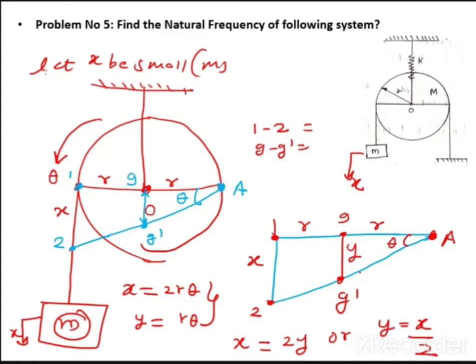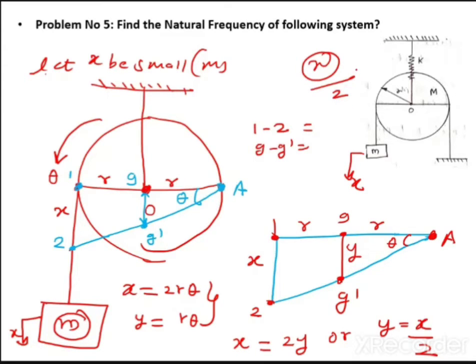Okay. Means what you have to always remember is that the displacement of a center, that is G to G dash, is approximately always half of the displacement of a mass m. That means if the displacement of the mass m is x, then the displacement of the center of the pulley, that is G to G dash, is always x by 2.